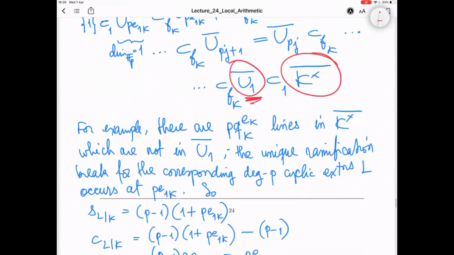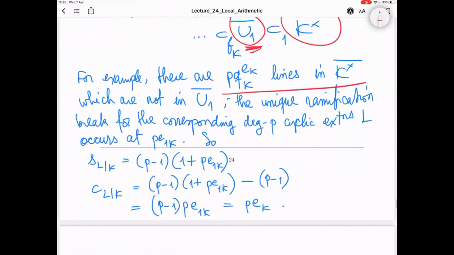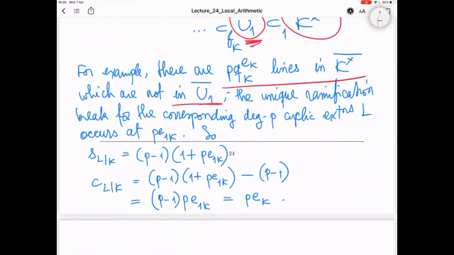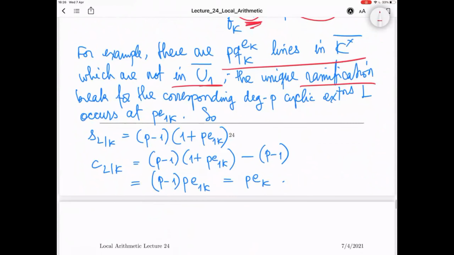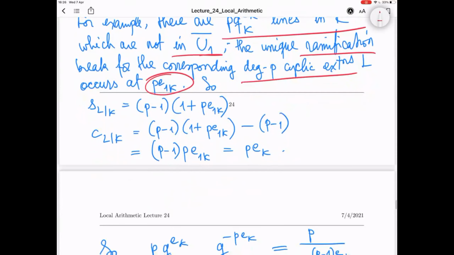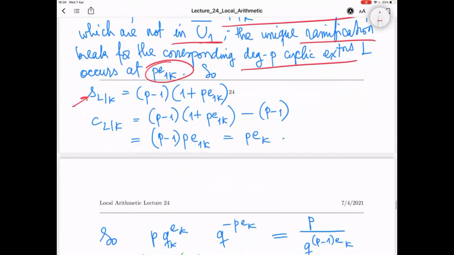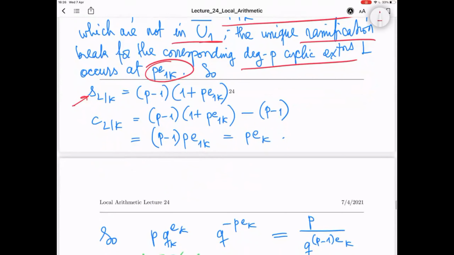Okay, so how many lines are there? There are this many lines in K star bar which are not in U1 bar. And the unique ramification break for the corresponding degree P cyclic extensions occurs at P times E1K. So S, the exponent of the different, is going to be P minus 1 times this. This is the ramification break here.